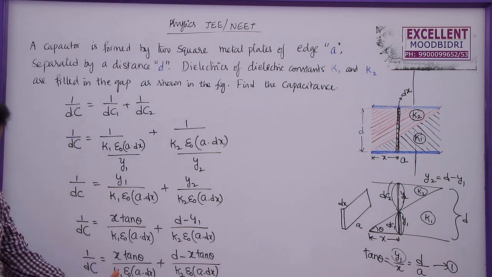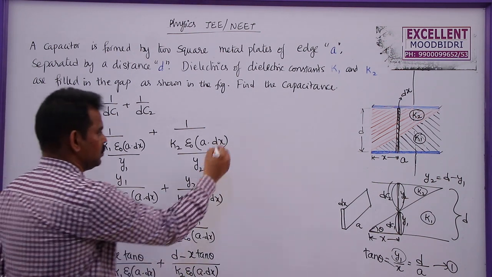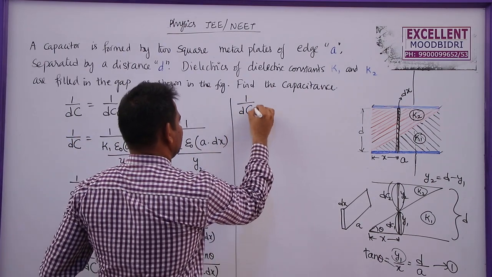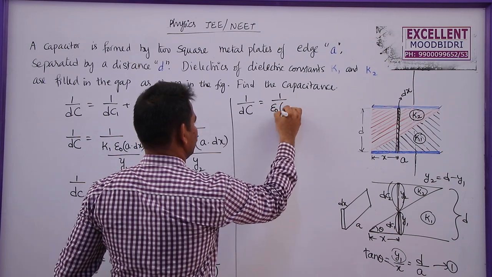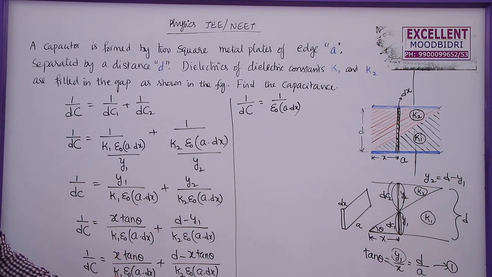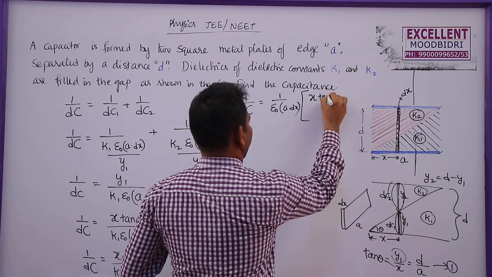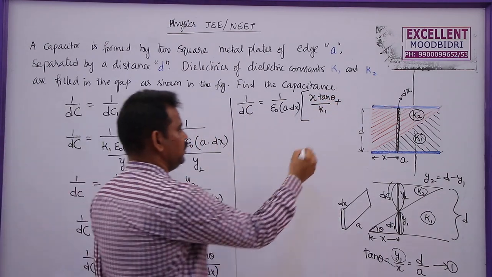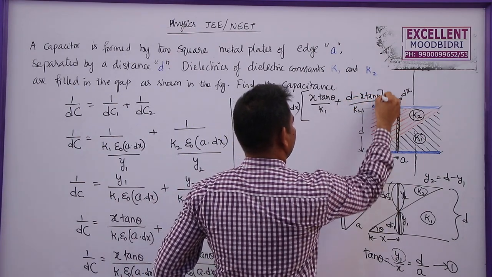You can see epsilon naught A dx is common. You can take that outside. So this will become 1 by dC is equal to 1 by epsilon naught A dx, times x tan theta by K1 and the other term, d minus x tan theta by K2.